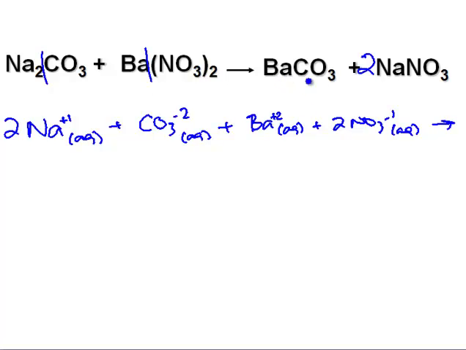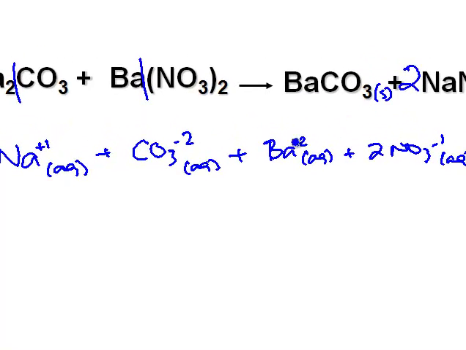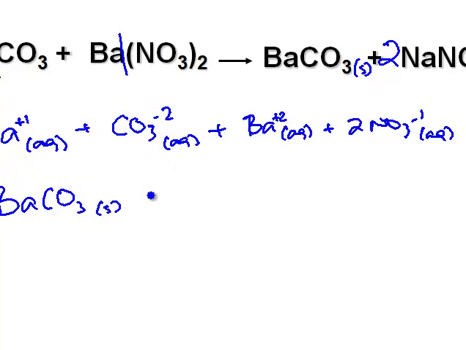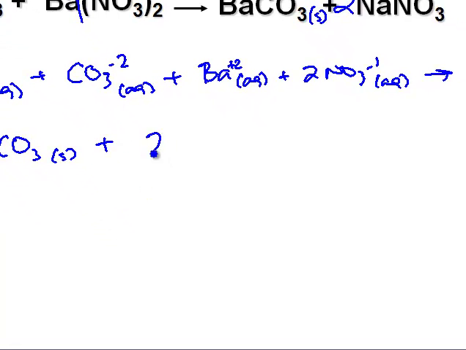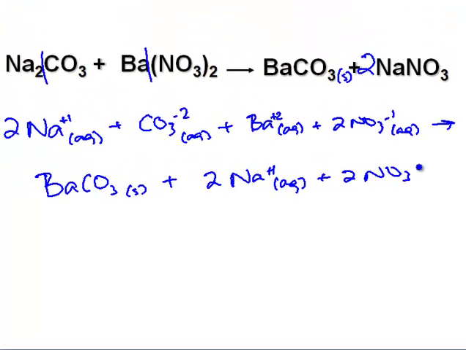Now, we said the barium carbonate would be our precipitate at the bottom. So, barium carbonate stays together as a solid. Okay? And then we have 2Na positive 1 aqueous plus 2NO3 minus 1 aqueous.